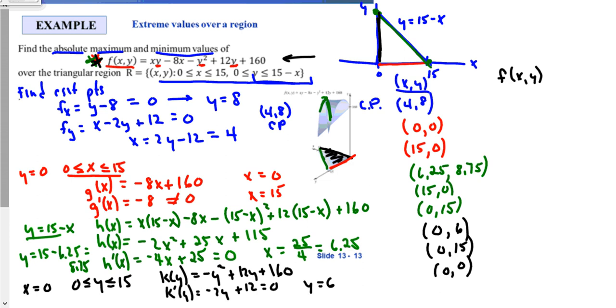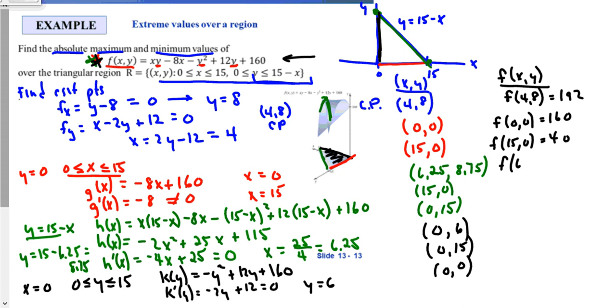So f of 4, 8 becomes 192. F of 0, 0 is 160. F of 15, 0 is 40.